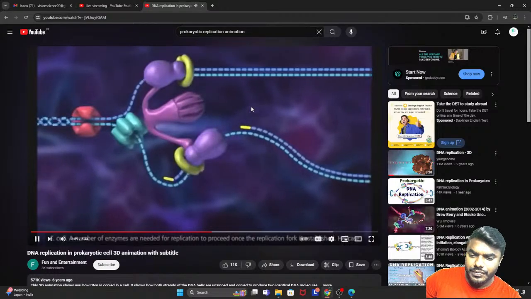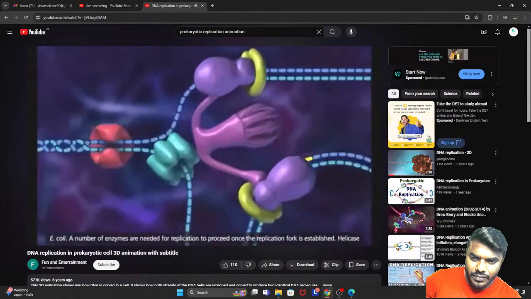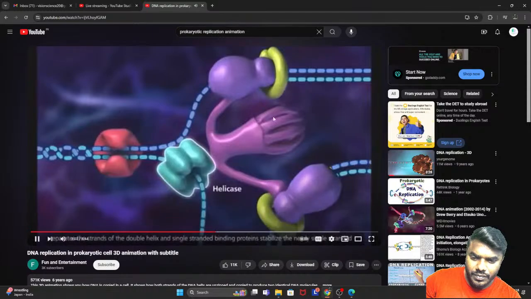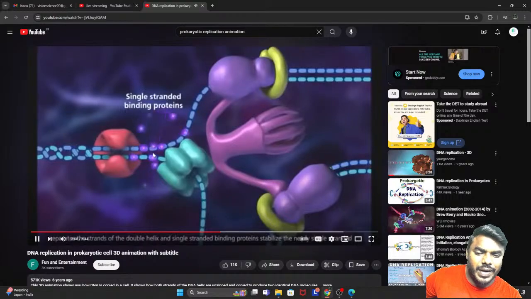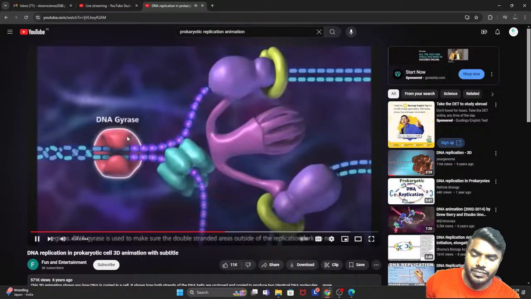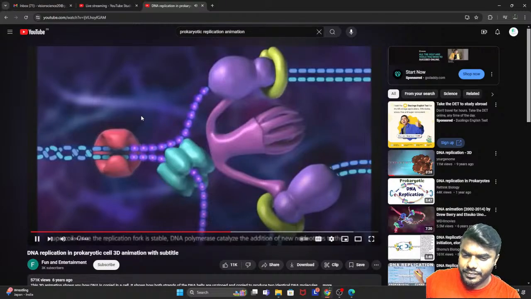Once the replication fork is established, helicase separates the strands of the double helix, and single-stranded binding proteins stabilize the newly single-stranded regions. DNA gyrase is used to make sure the double-stranded areas outside of the replication fork do not supercoil.